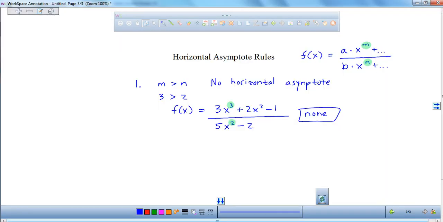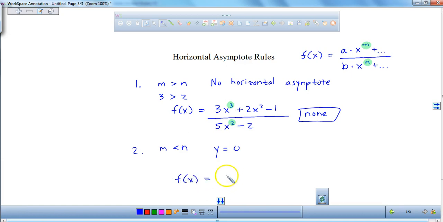So, let me go back to rule number 2. If m is less than n, then the horizontal asymptote will be at y equals 0. So let's go ahead and change things around.